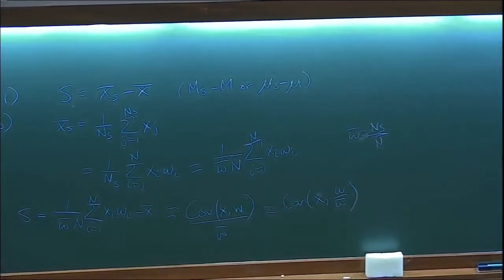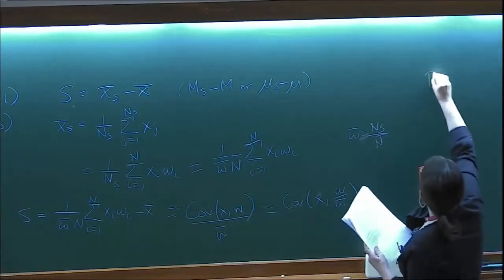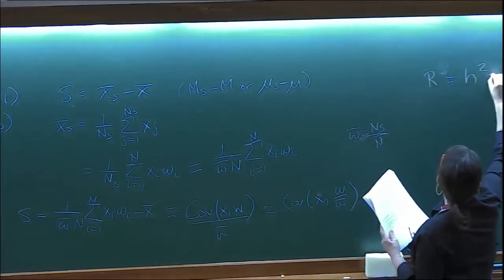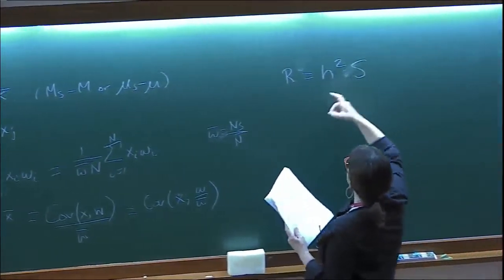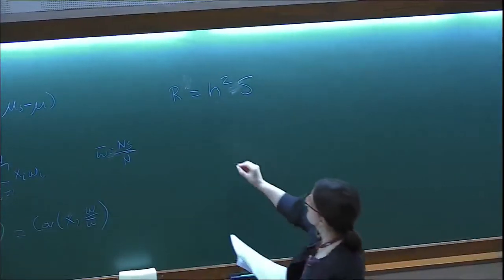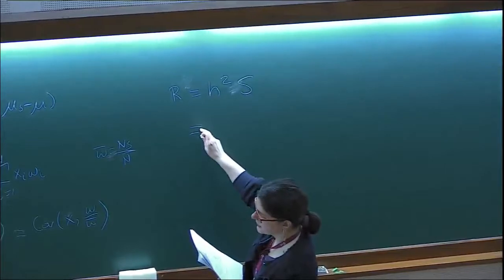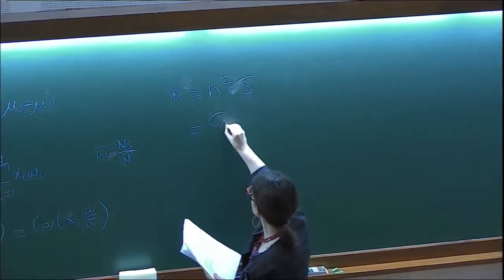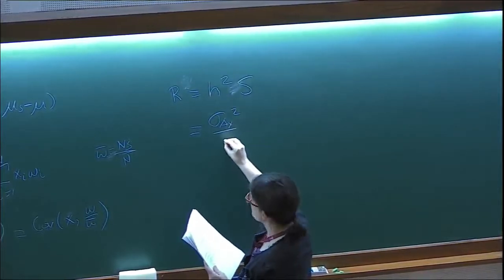So then we can go back to the Breeder's equation again. The response to selection is just the heritability times the selection differential. But we have previously defined the additive genetic variance over the phenotypic variance.